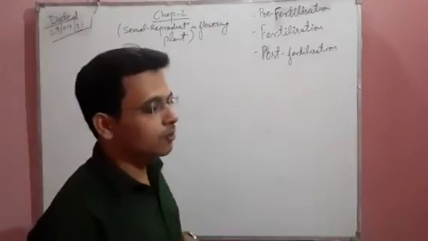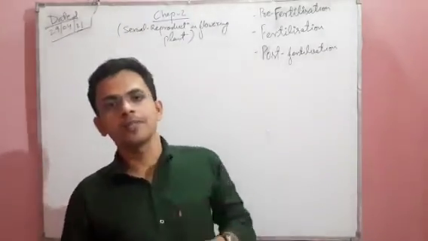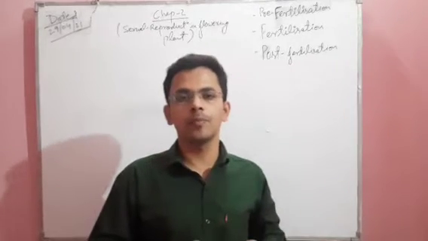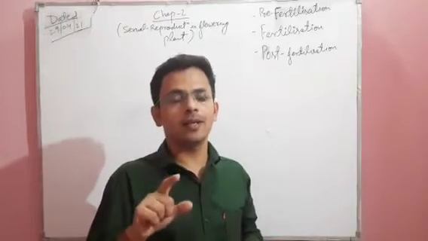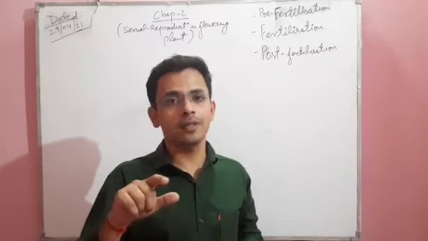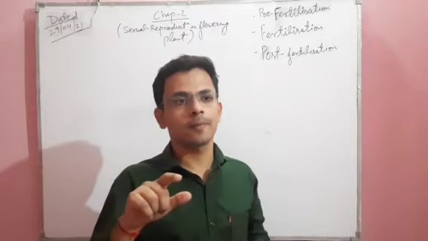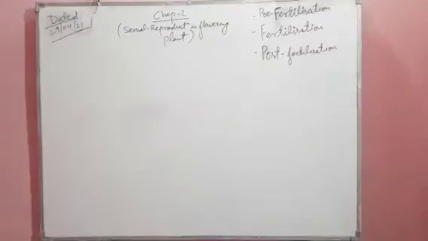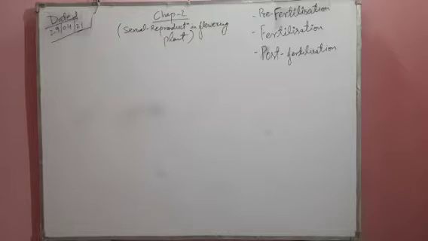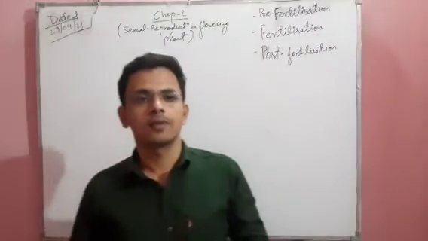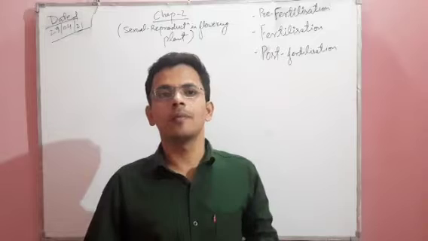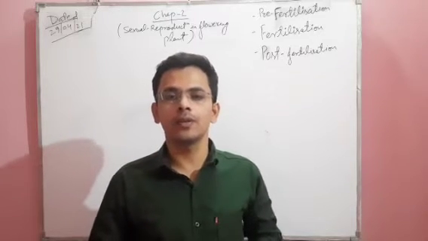So we are talking about the flower. What is a flower? A flower is nothing but a modified condensed shoot which arises on the axil.